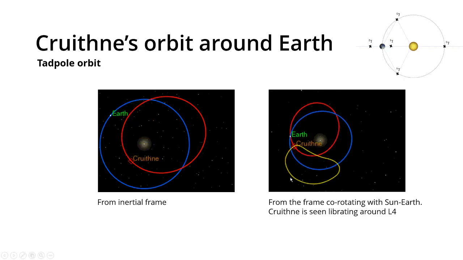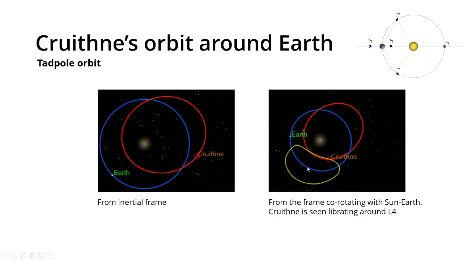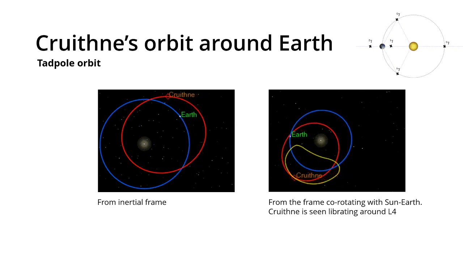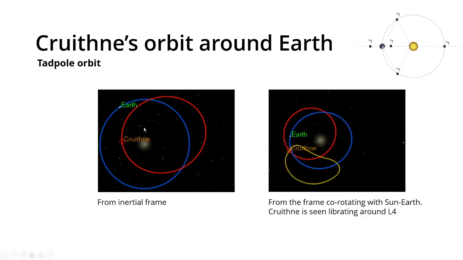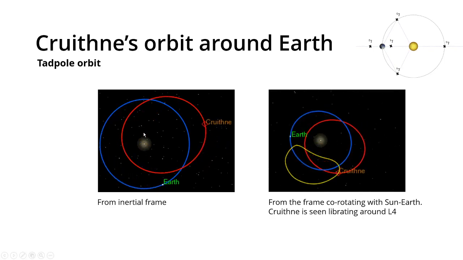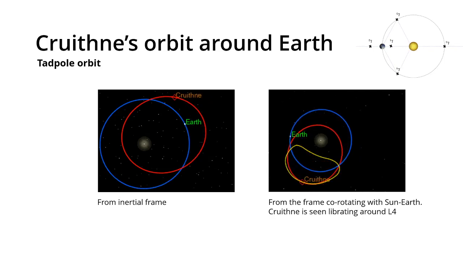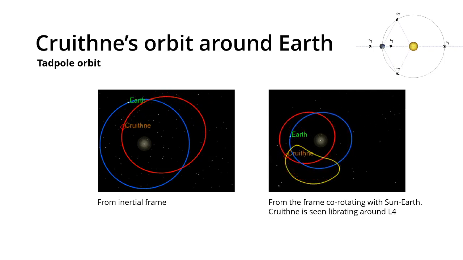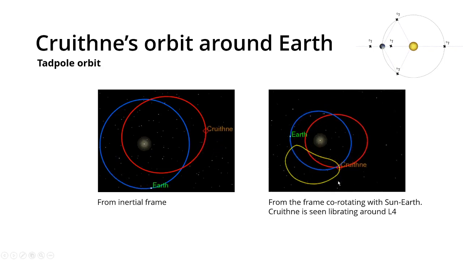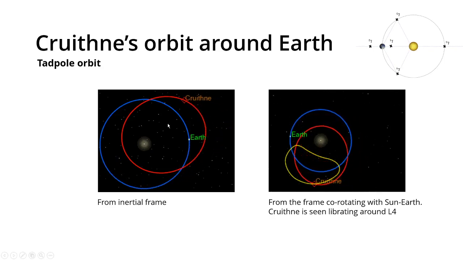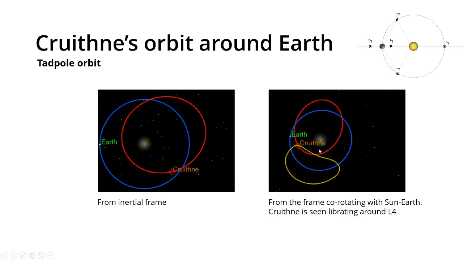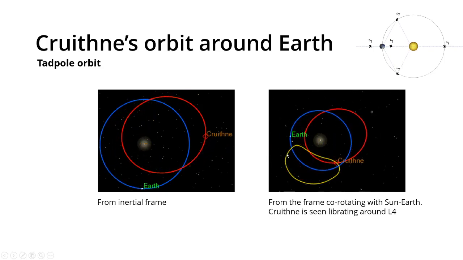Remember, we know that L4 is a very stable point, so if it stays there, it tends to stay there. Some people call Cruithne the second moon of the Earth, which is so weird. We only know of one moon, but some people call this object the second moon. All right, so if you look at it in the three-body system, Earth, Sun, it looks like it's orbiting the L4 point like a horseshoe orbit.